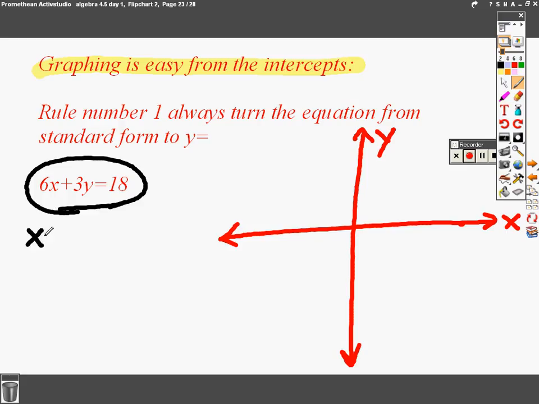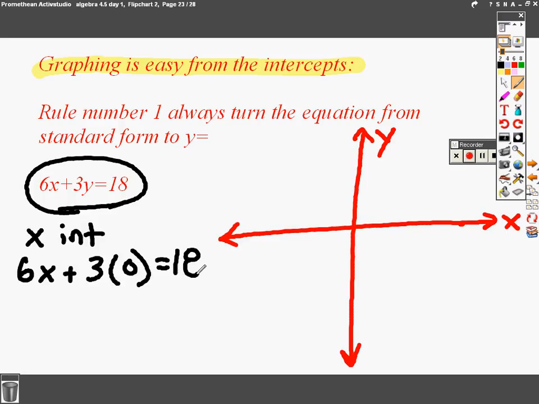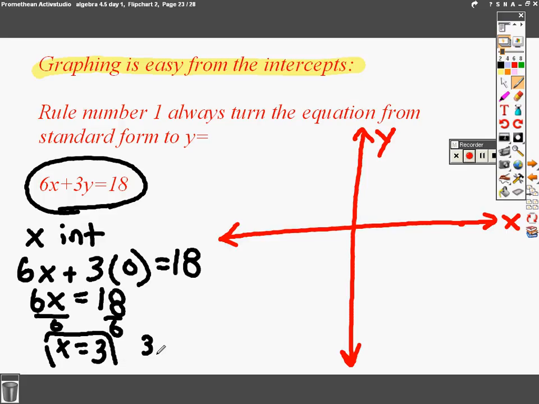First of all, let's find the x-intercept. The x-intercept, remember, means y is 0. So 6 times x, instead of plus 3y, I'm going to make it 3 times 0. It's equal to 18. And then I'm going to solve this. So 6x, plus 0, is equal to 18. I divide both sides by 6, and therefore x equals 3. So the x-intercept is 3, comma 0.